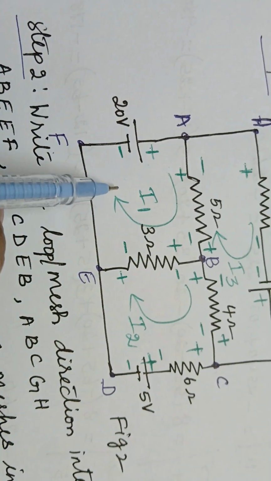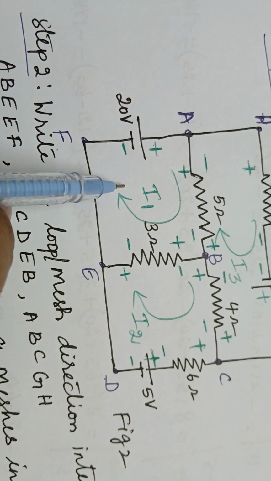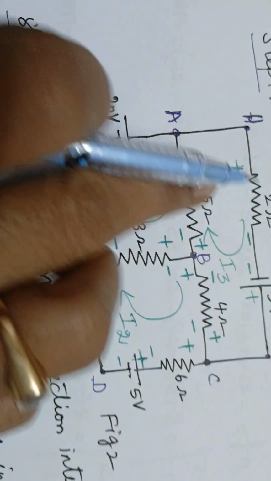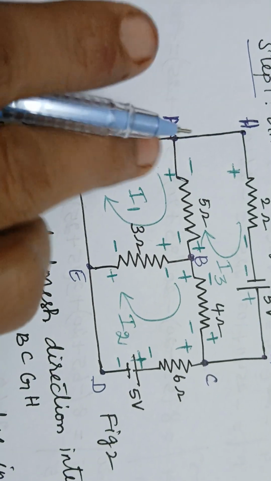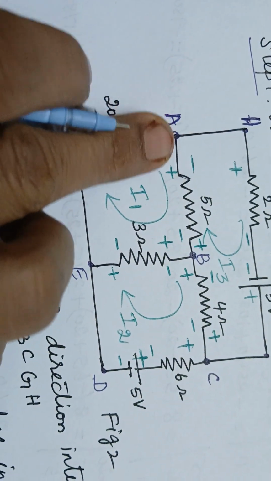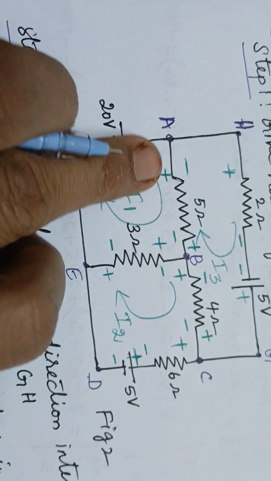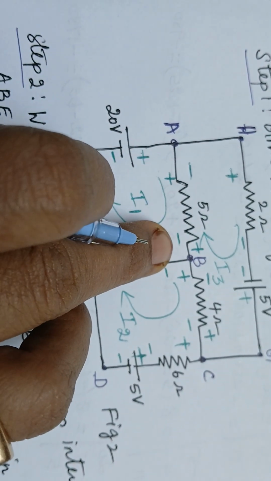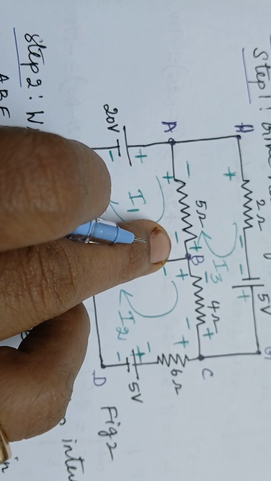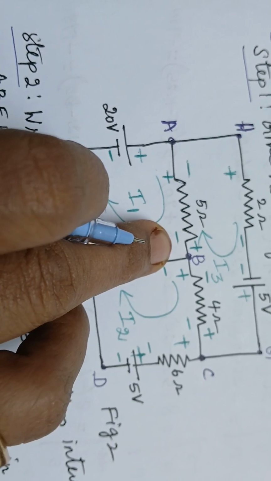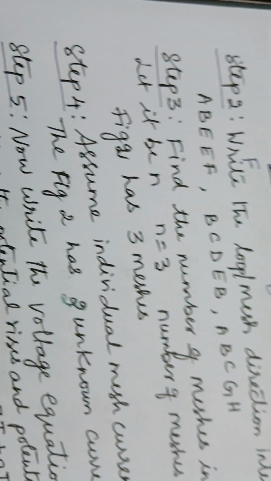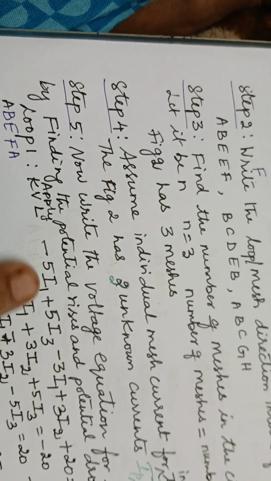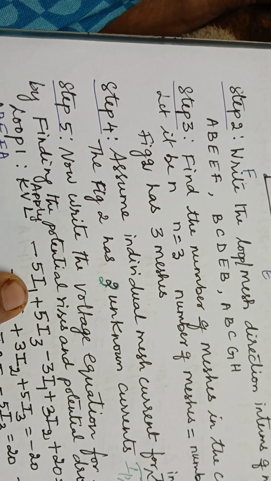This is the clockwise direction. I start from point A and enter like this, going from positive to negative, so we write it as minus. So here I am writing minus 5I1.